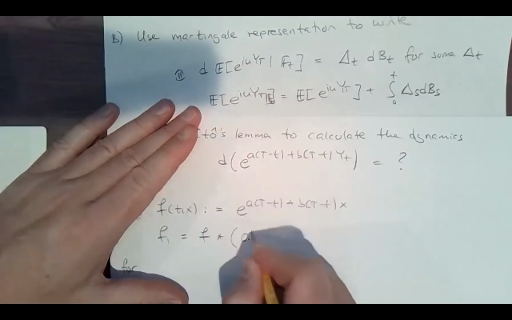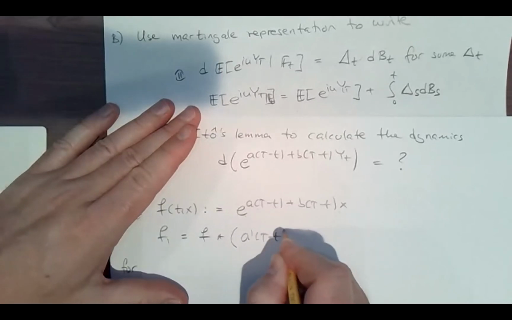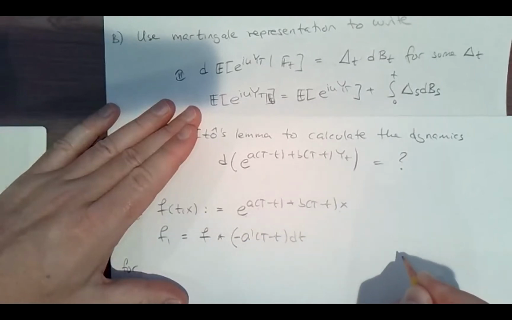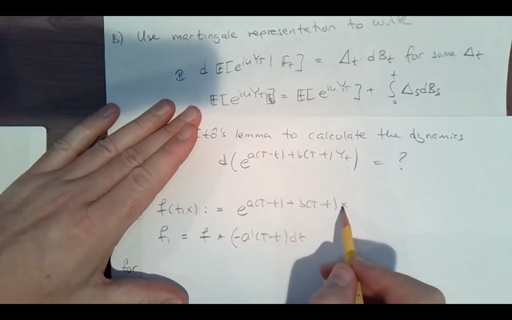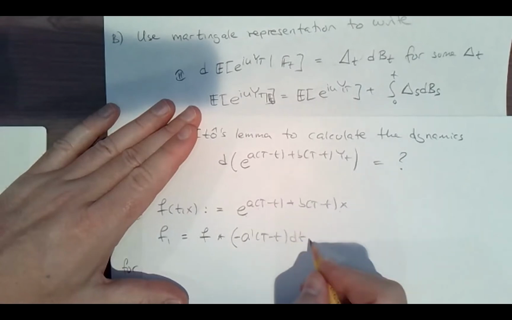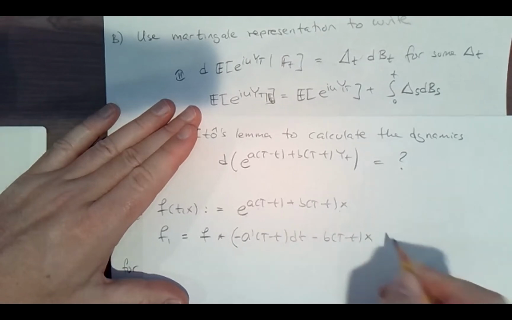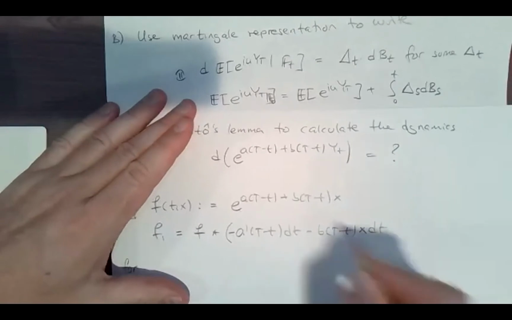So I'm going to get A prime of T minus t, and then there's a minus 1 coming in. So that's one term. I need the derivative with respect to little t of this guy. That's going to be the same, minus B prime of T minus t times x. There's going to be a dt after that.